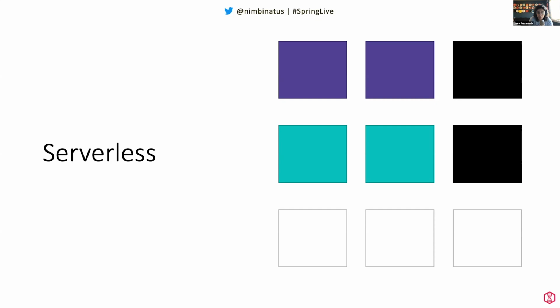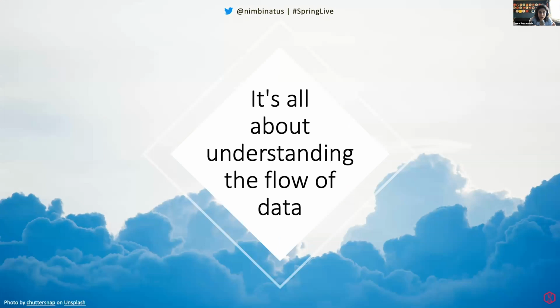But the big thing to remember about all of these different options when moving off of a monolithic architecture to a microservices or a serverless-based framework is that it's all about a shift in thought. And that shift in thought is about understanding how data flows through your system.